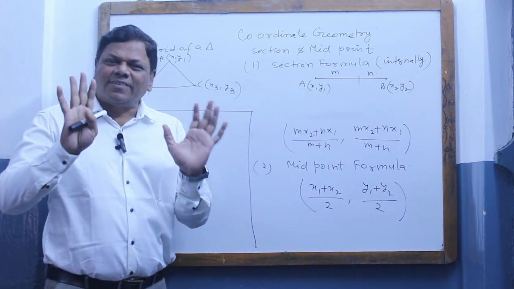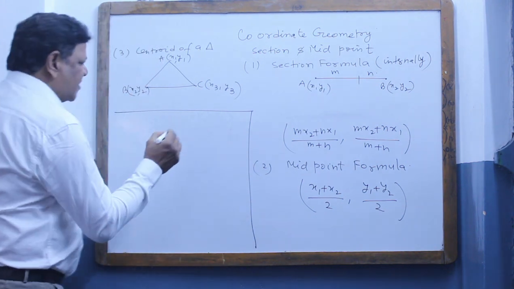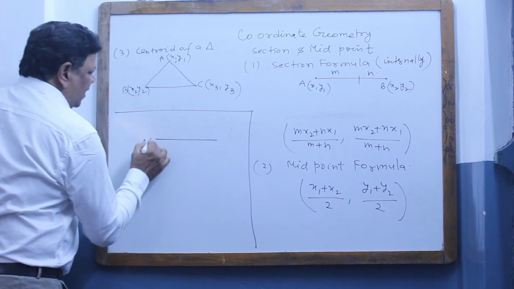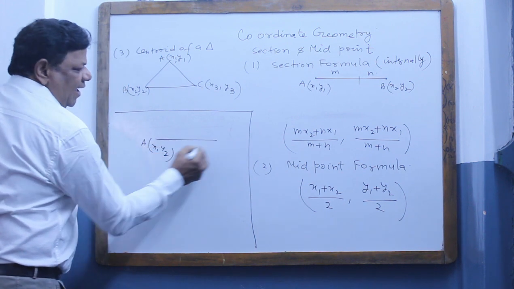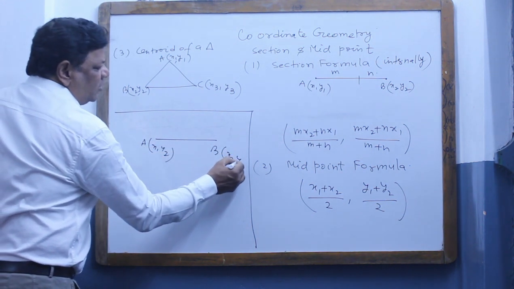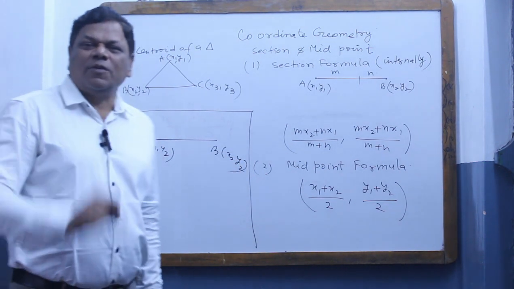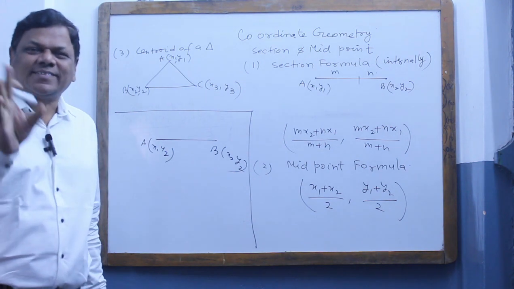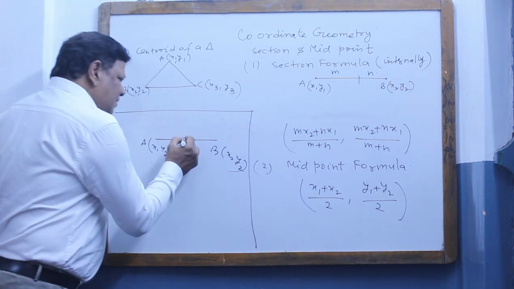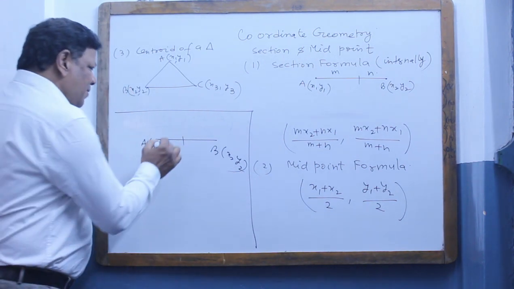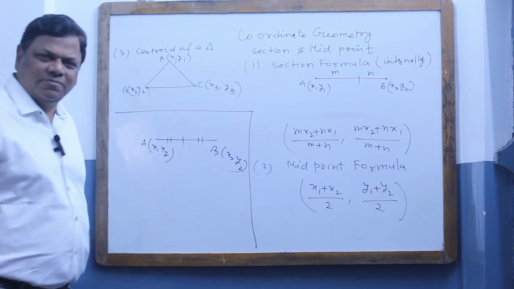Now, first understand what is section formula. We have learned the distance formula. This is a line. One line A is given. Here x2 and y2 is given. Now there are two things you have to find out: midpoint and section. What is the difference? If I say this is the midpoint, that means this part and this part are equal.